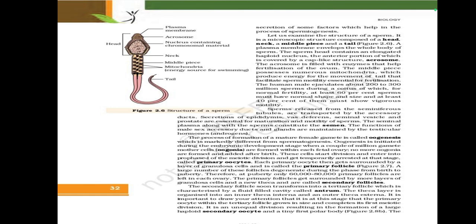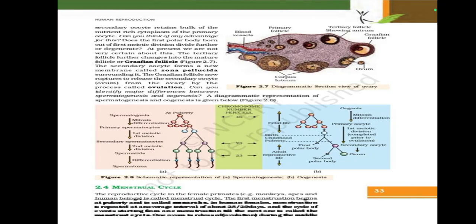It is important to draw your attention that it is at this stage that the primary oocyte within a tertiary follicle grows in size and completes its first meiotic division. It is an unequal division resulting in the formation of a large haploid secondary oocyte and a tiny first polar body, figure 2.8b. The secondary oocyte retains the bulk of the nutrient-rich cytoplasm of the primary oocyte.